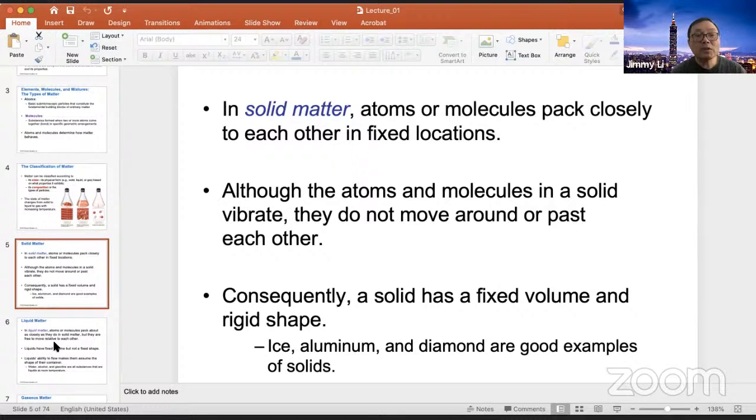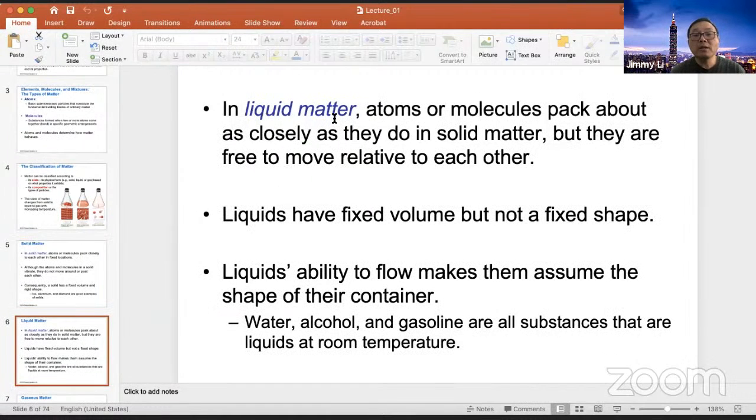Liquids are not packed as closely as a solid, but they are pretty closely packed. A liquid has a fixed volume, but it doesn't have a fixed shape. Its shape depends on the container.